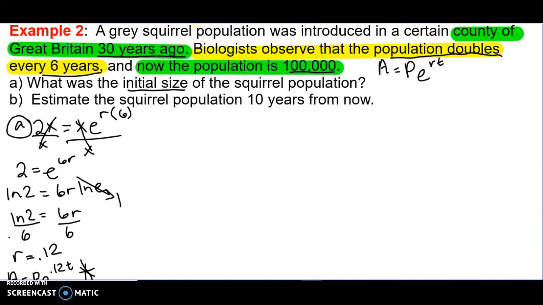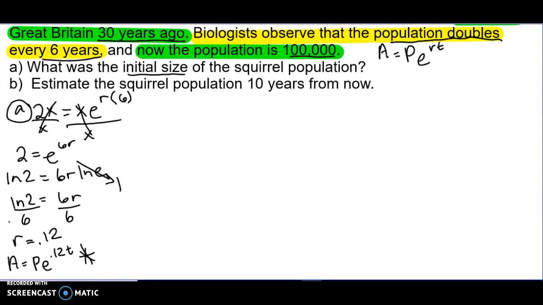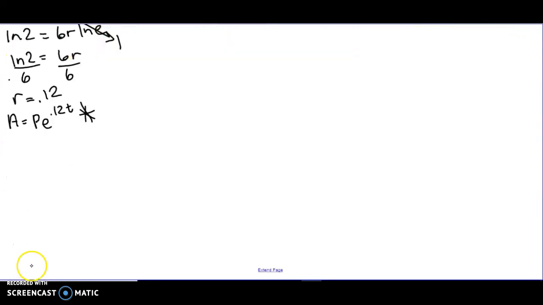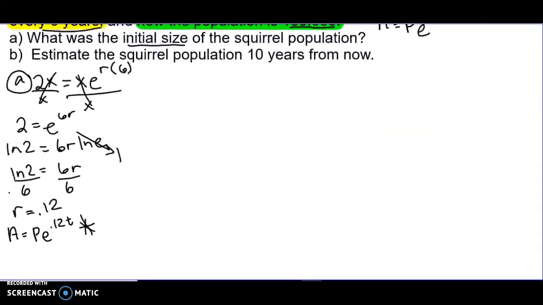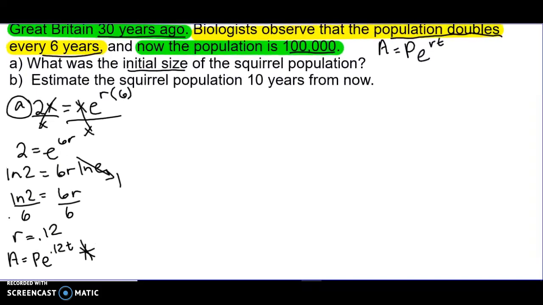So I'm going to use the formula that I discovered when I did the first part of the problem, identifying r. I know that the population now, for part A, is 100,000.